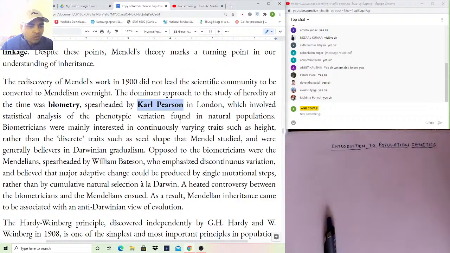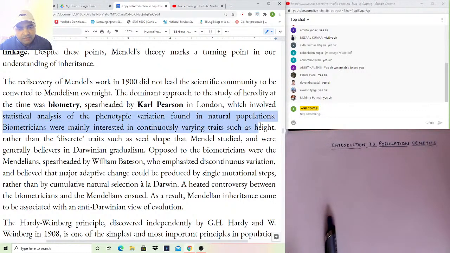So during 1900, people were more interested in hereditary mechanisms involving statistical methods and biometry, which involves the statistical analysis of phenotypic variation found in natural populations.